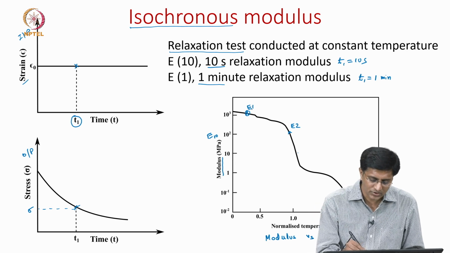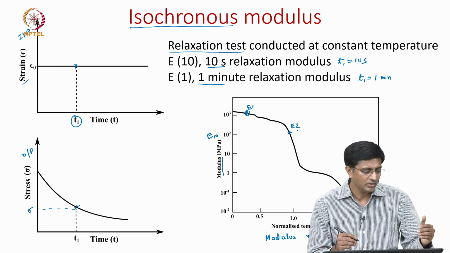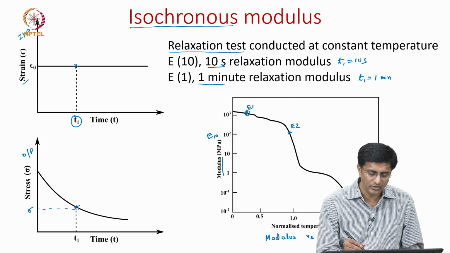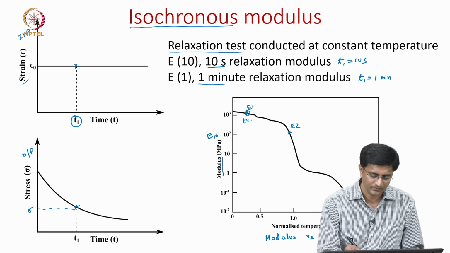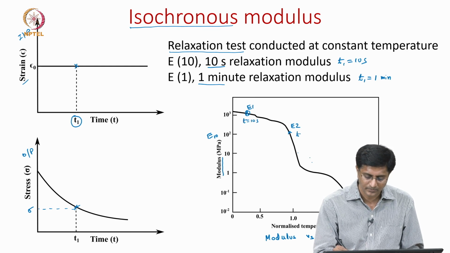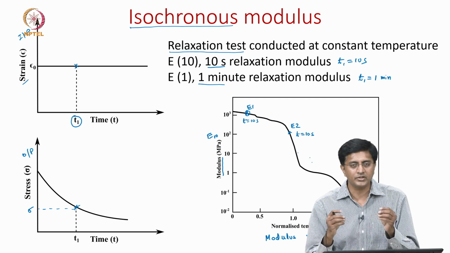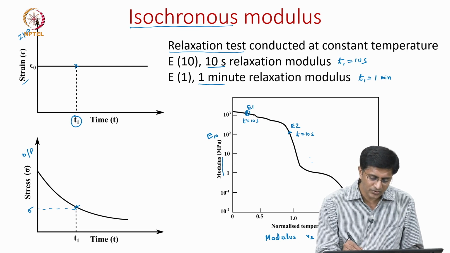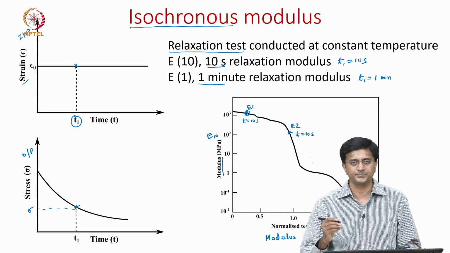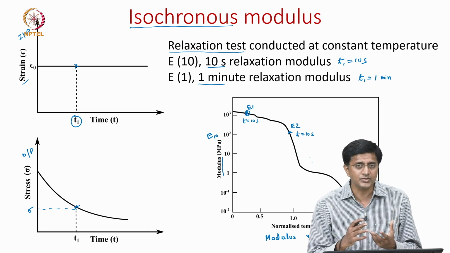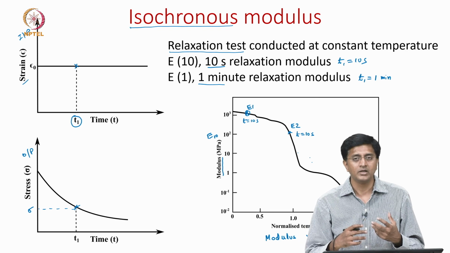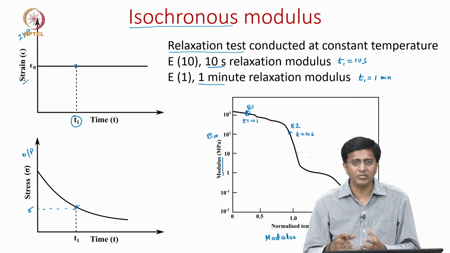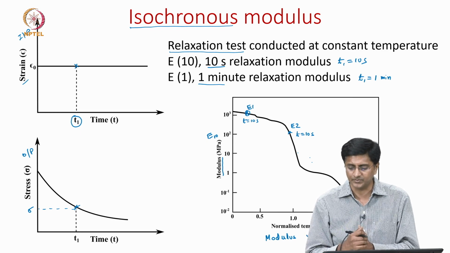In both these experiments we apply constant strain and then we report the stresses at time t equal to 10 seconds. Depending on the stress and strain, now we can give modulus values, and these are the modulus values we have obtained from the experiment. This isochronous modulus now helps us in comparing the modulus with different parameters. What we have shown here is temperature, but it could be any other parameter.